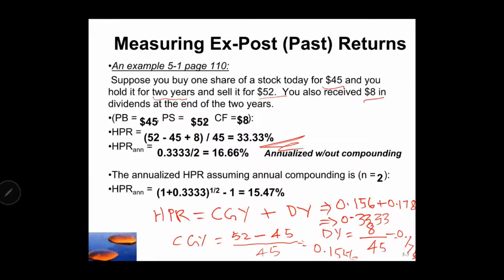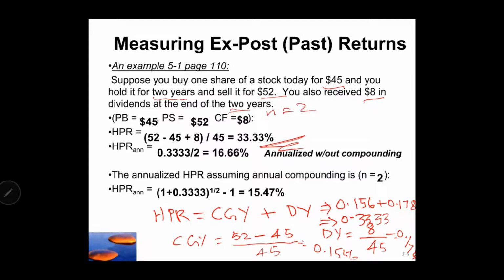So remember that this is what you received, and this you are doing without compounding. So this is annualized without compounding. If we go for annualizing without compounding, it is the HPR divided by 2. Why? Because we have n is 2.